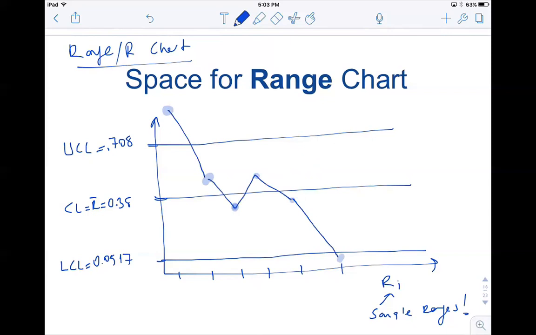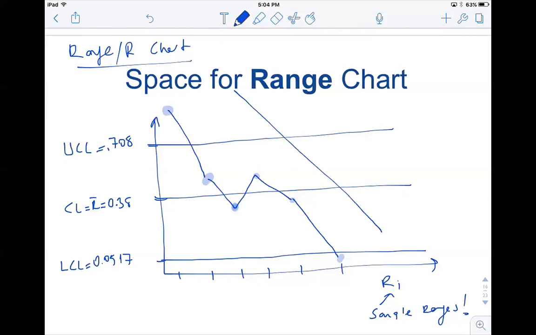All of a sudden, you already saw this. The first one and the last one are beyond our upper control limit and lower control limit. So this chart is for sure not under statistical process control. Something is going on with this process. If you look at the overall points, you see that there's a negative trend here, right?